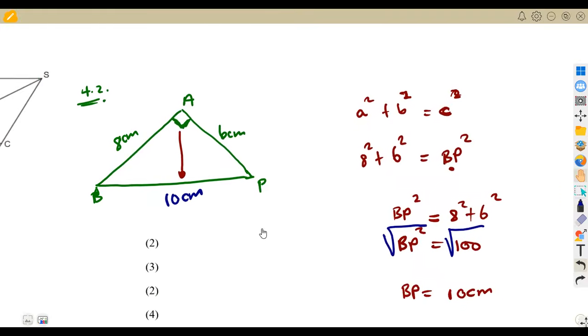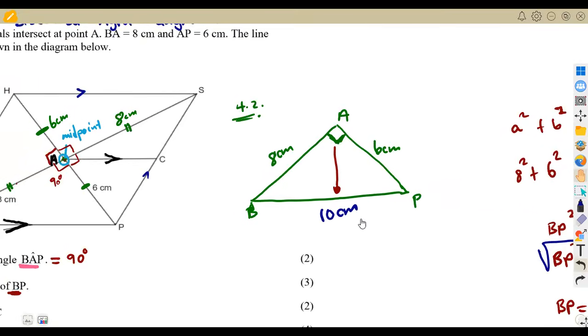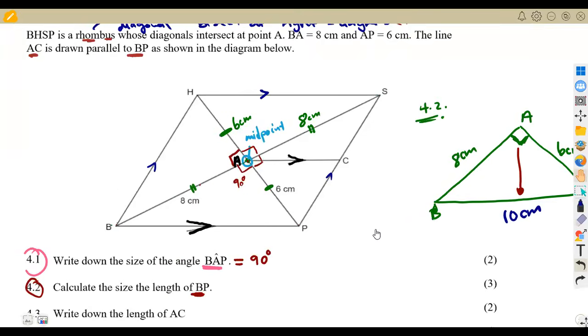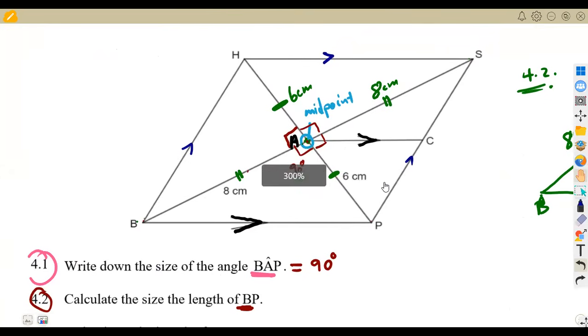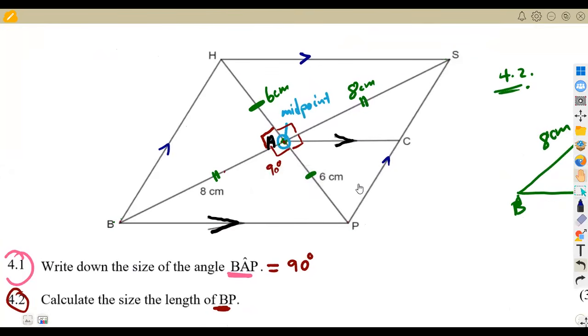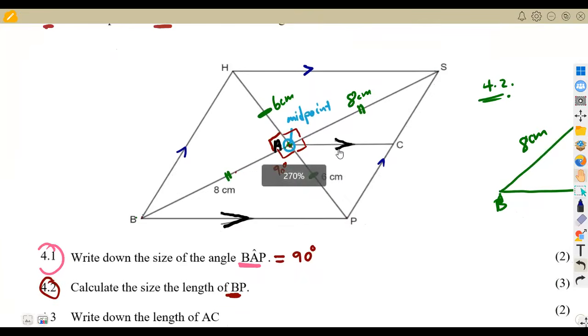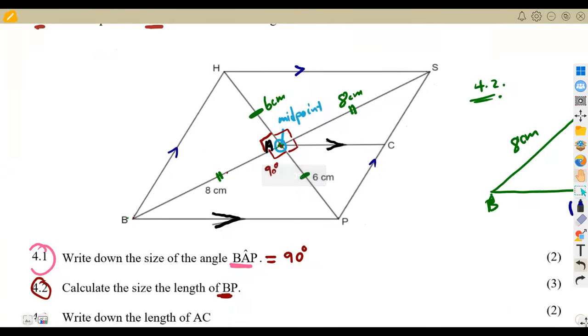You're applying what you know from one topic on another topic. There we have to apply the Pythagoras theorem. Why? Because this is a right angle triangle. Once it's a right angle triangle and we're given two sides, we can use it. If it was calculating the angles, we could have even used the trigonometrical ratios if it is possible. All right, so that is going to be 10 centimeters, which is our BP.